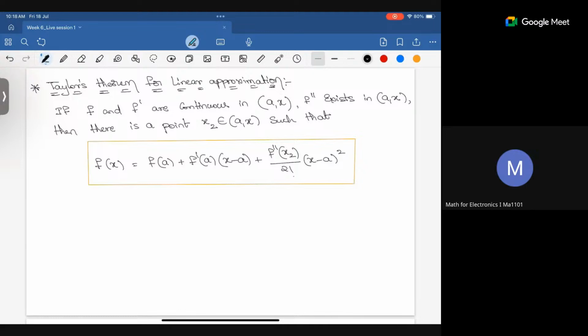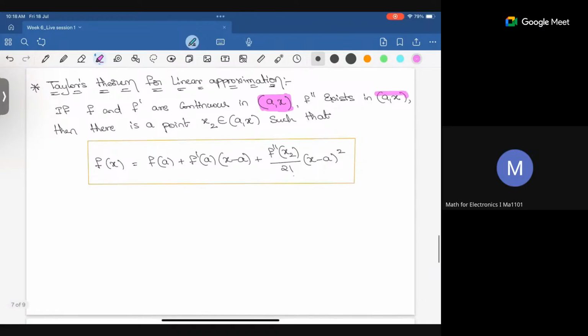If f and f prime are continuous in some interval [a, x], and if you know that f double prime exists in the same interval, then there is some other point x2 such that f of x is exactly equal to f of a plus f prime of a into x minus a. This is the linear approximation.